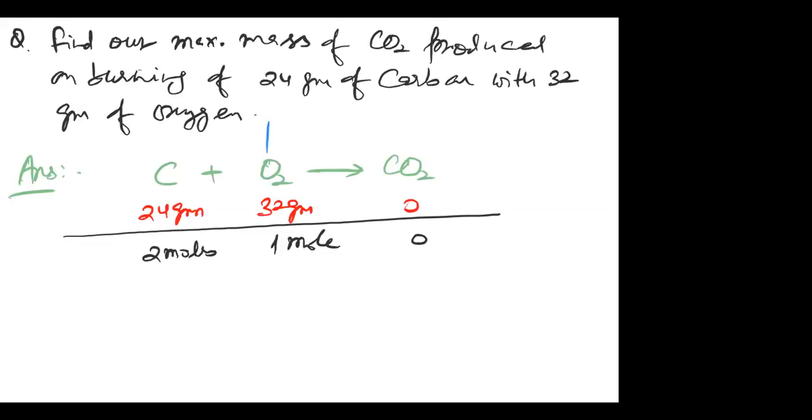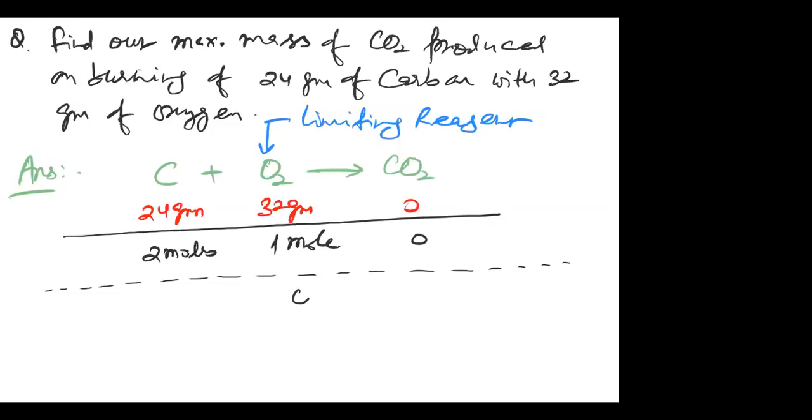So O2 is going to be the limiting reagent, and it is only 1 mole. And carbon is found to be in excess. So as per final moles, O2's moles remaining will be 0. It will be completely consumed. And since it is a 1:1:1 ratio, moles of CO2 produced is going to be 1 mole.